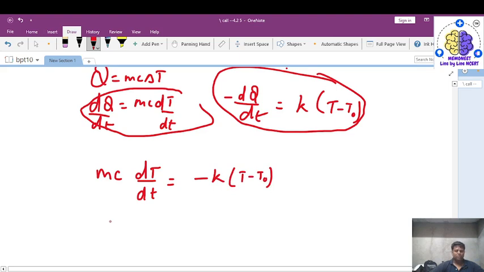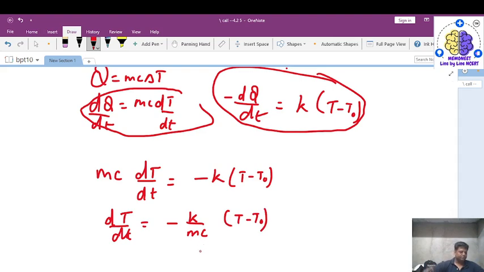So dT by dt, that is the rate of change of temperature, equals minus k upon mc into (t minus t naught), where m is the mass of the substance and c is the specific heat capacity of the substance.